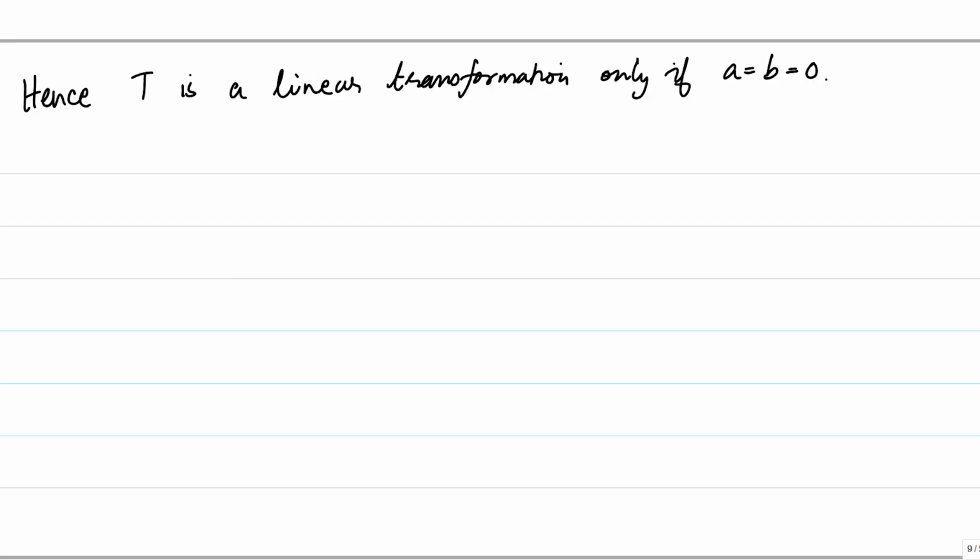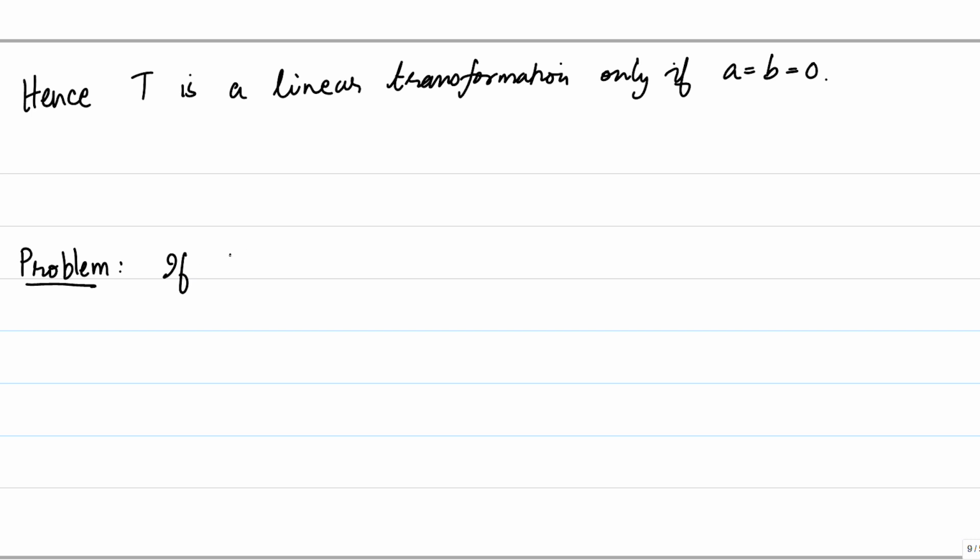Okay, so the next problem deals with calculating the value of a linear transformation at a vector if the value of T at specific vectors are given to you. So let's just write down the problem and look at it more carefully.